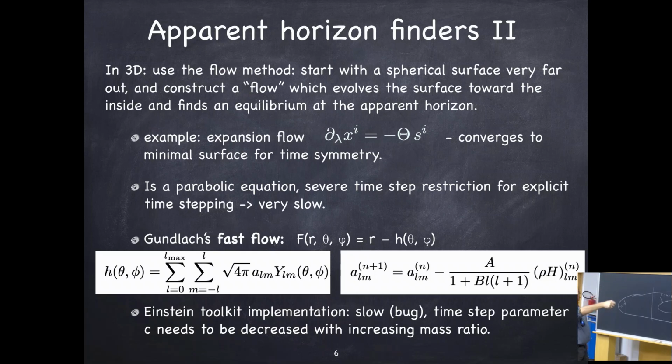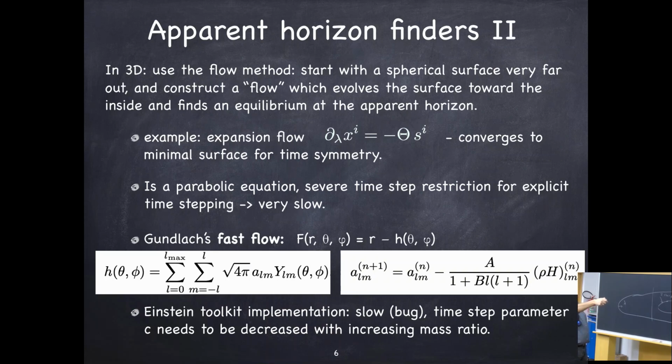You can see that on the correct answer, the expansion is 0, so this is going to stop. Okay, you could worry whether it really converges and so on. For time symmetry, it does, and usually this also works quite nicely if you don't have time symmetry.